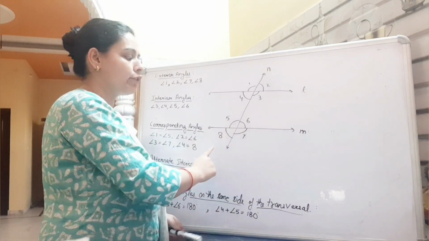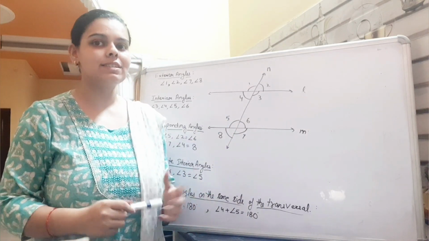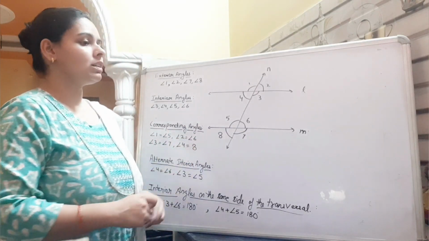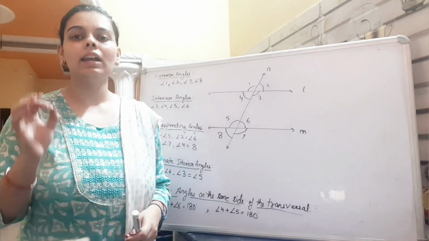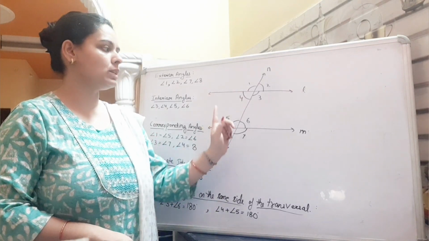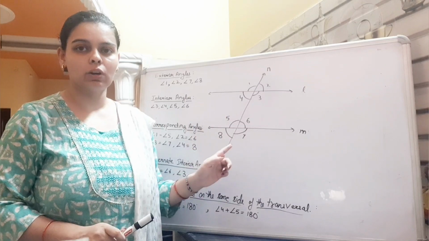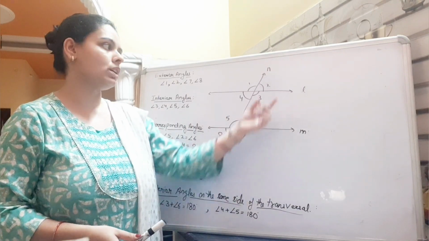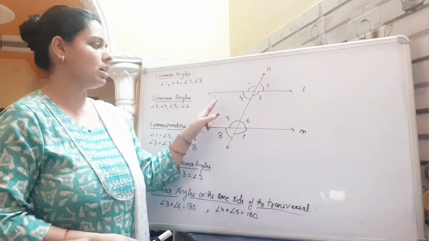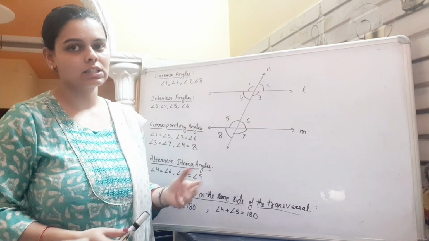And also 4 and 8. Corresponding angles are always equal. 1 is equal to 5, 2 is equal to 6, 3 is equal to 7, 4 is equal to 8.